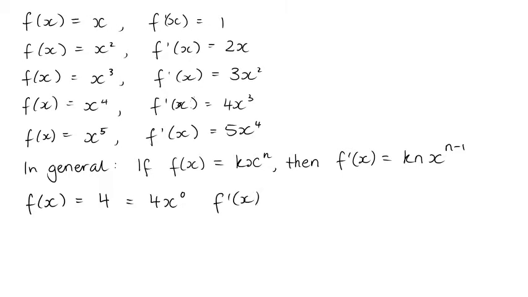We get 0 times 4, x to the negative 1. Anything times 0 is just 0. So the derivative of any constant number is just always 0.